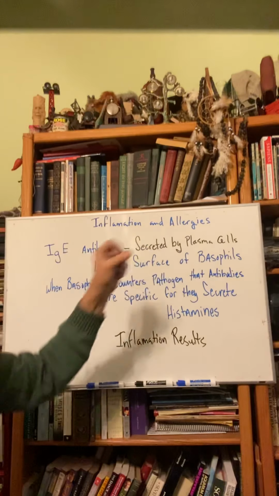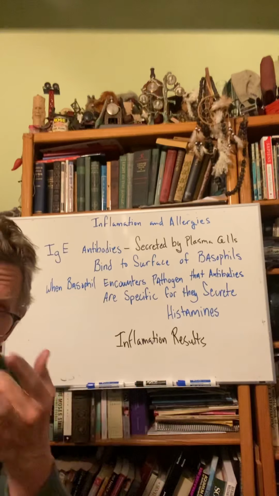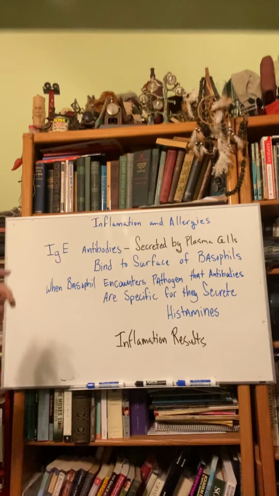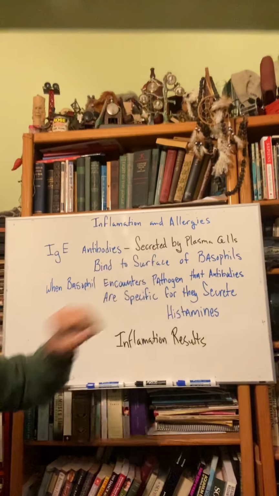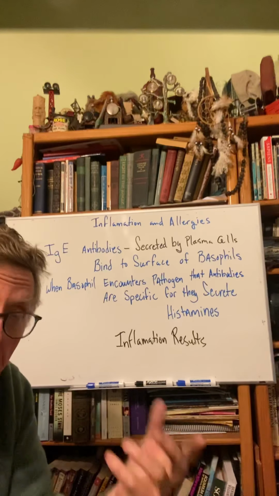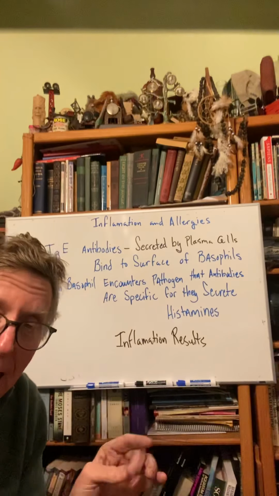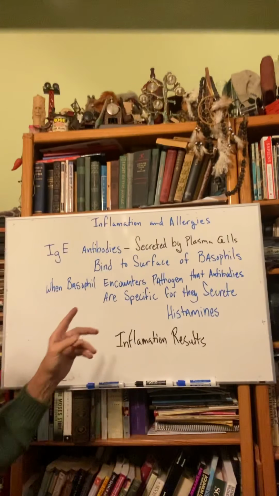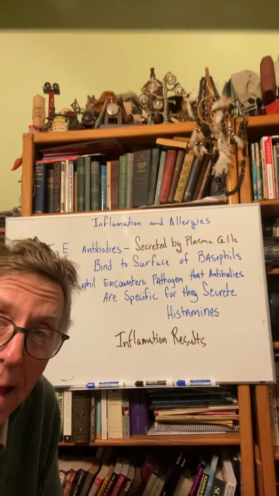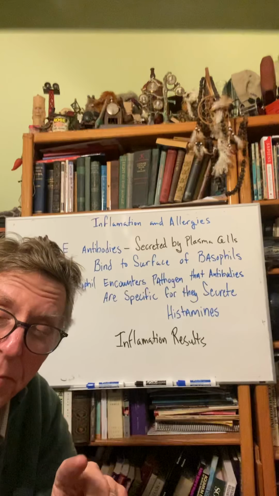So inflammation, and later on, when the process goes wrong, allergies. So we had said IgE antibodies are going to be secreted by the plasma cells. They were activated by a helper T cell and an antigen presenting cell. They're going to go out and they're going to bind on the surface of the basophil, a lot like a B lymphocyte.